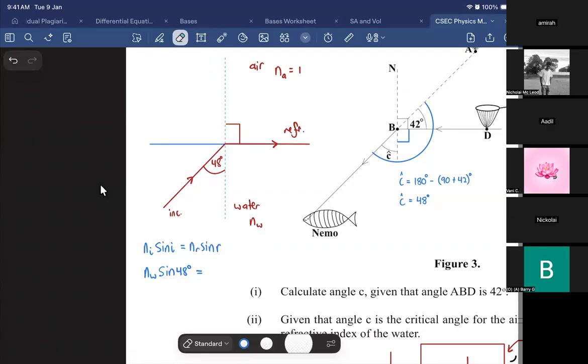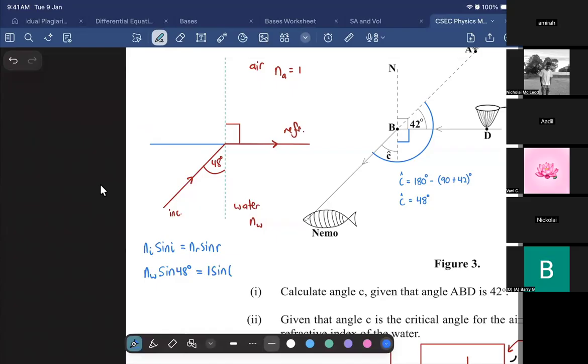It didn't go down in the water yet, so right now you'll think of it as if it is in what? It's in the air. So what would nr be? Now, nr is not angular. nr is the refractive index. So nr would be 1.